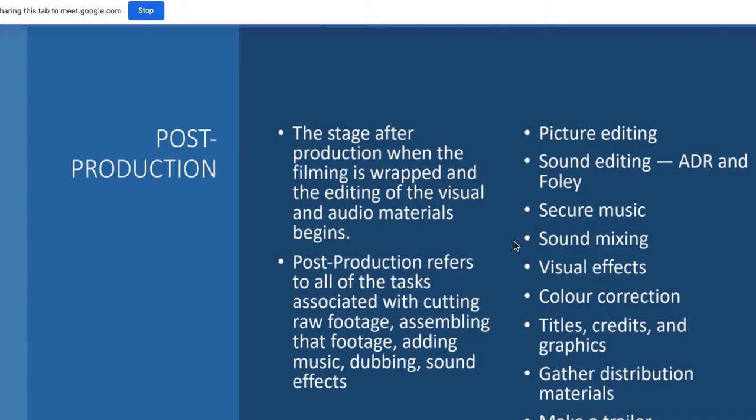So it refers to all those tasks associated with cutting. As I told you, even though we do not have the physical cutting of the celluloid today, we still refer to it as cutting and removing or editing out, and then putting all that together and then adding the sound, the music and visual effects and so on.